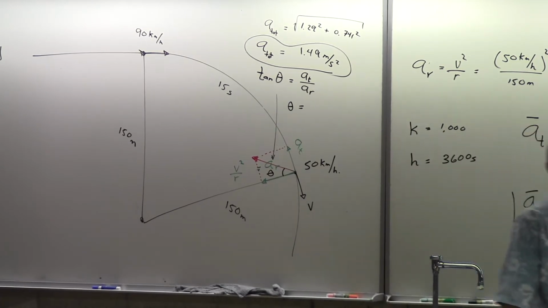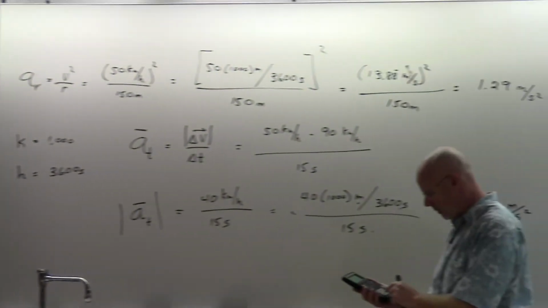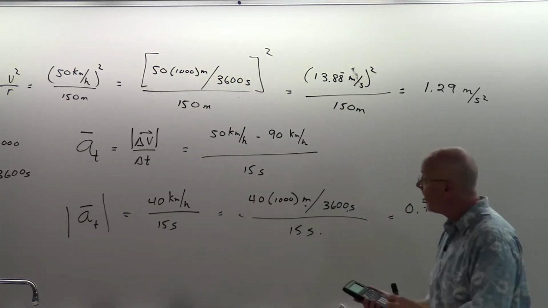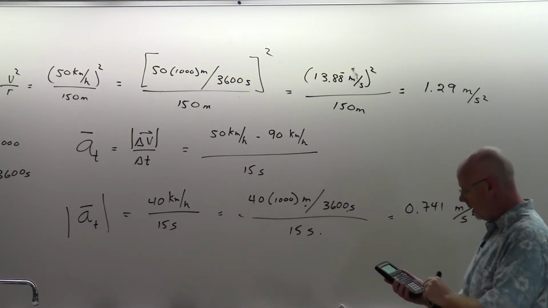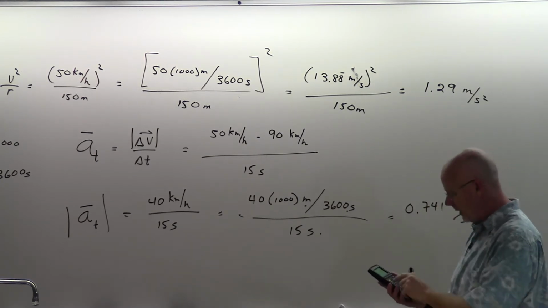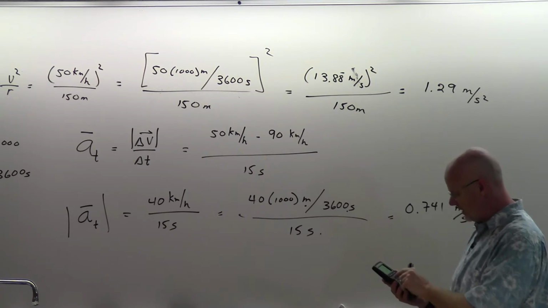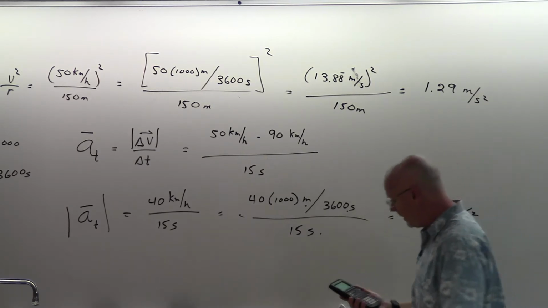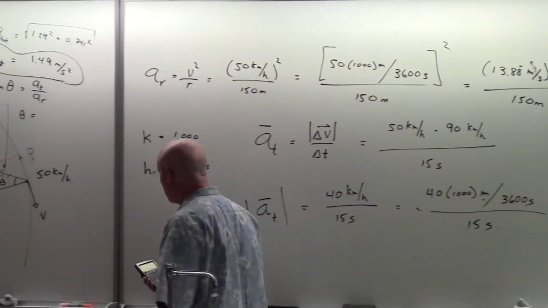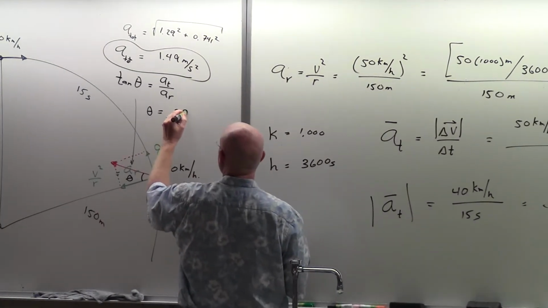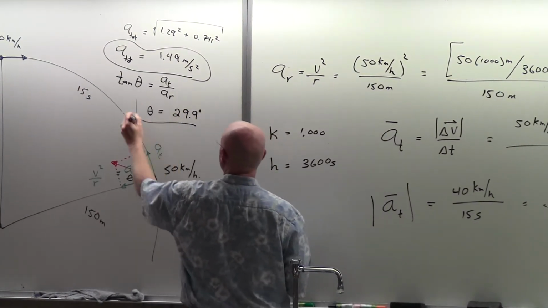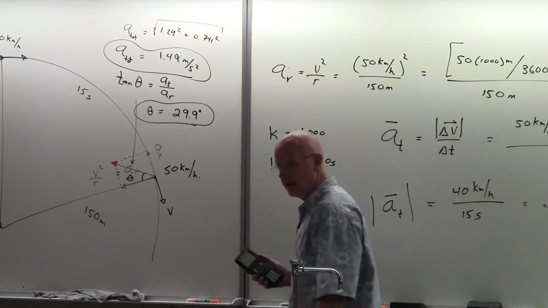Well, the tangential piece is the 0.741. The radial piece is the 1.29. So if I take the inverse tangent of that, I get 29.9 degrees, pretty close to 30.